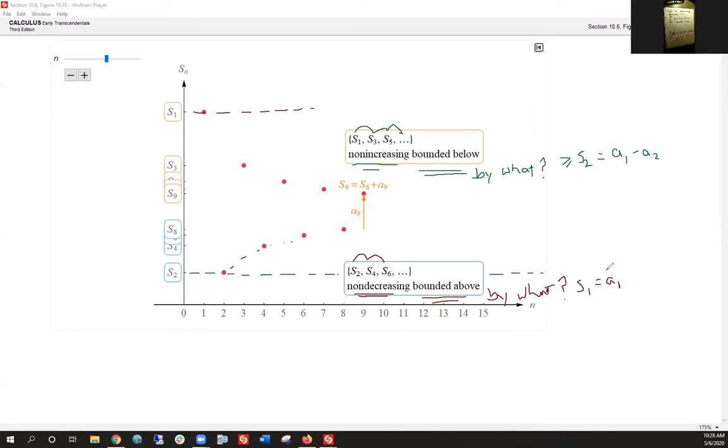Similarly, the even terms, S2, S4, S6, et cetera, are non-decreasing and they're bounded above. By the monotonic sequence theorem, those are going to converge as well. And so by setting it up this way, we can show that the series must converge. It's not a full proof, but it's a relatively foolproof method for showing why this is true.